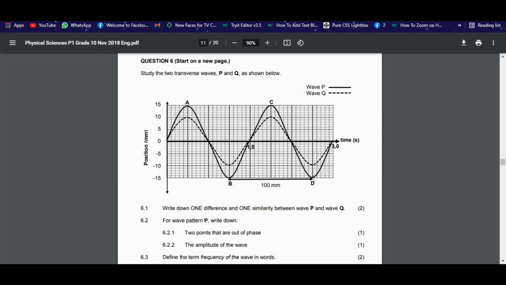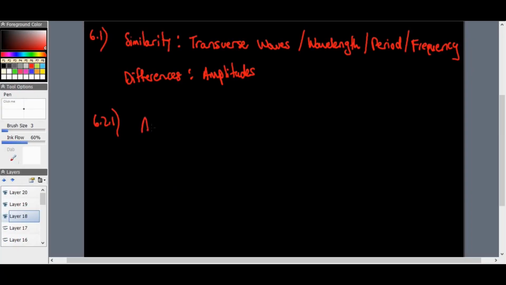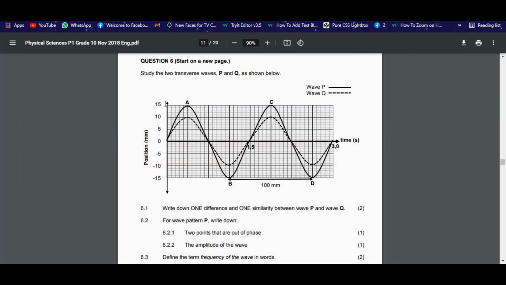A and D are out of phase, as well as B and C, so any one of those. So I'm going to go ahead and say A and D. And the easiest one, 6.2, is just the amplitude of the wave, 15 millimeters. We just read it off the graph. Easy as pie.